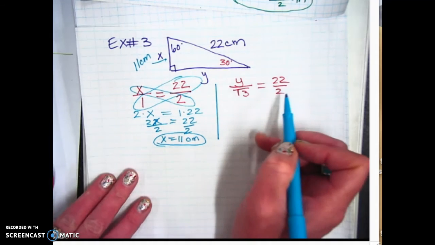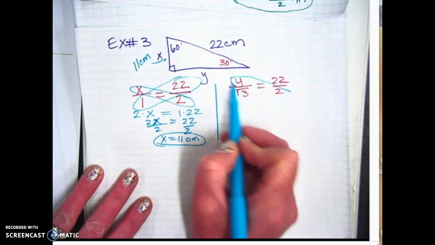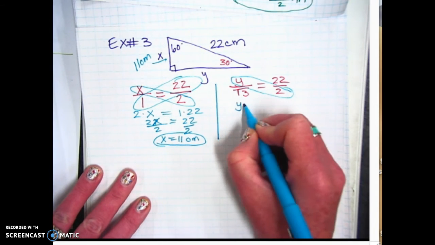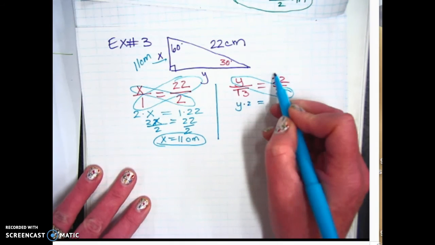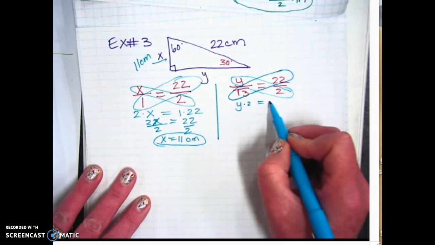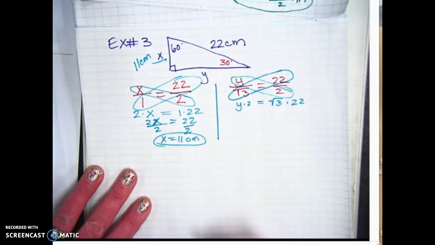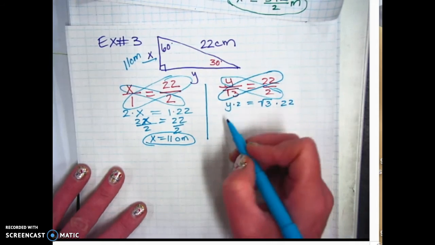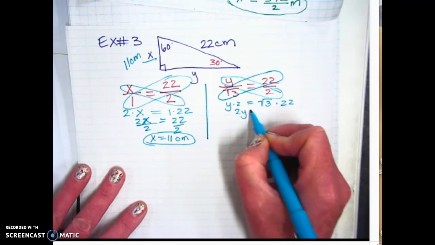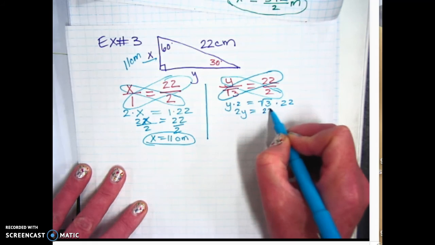All right, so here's our proportion. Now we're going to do our cross product. So we're going to have y times 2. Then we need to go this direction. So we're going to have the square root of 3 times 22. And then we need to simplify. So y times 2 is 2y. We'll bring the 22 out in front of the rad 3.